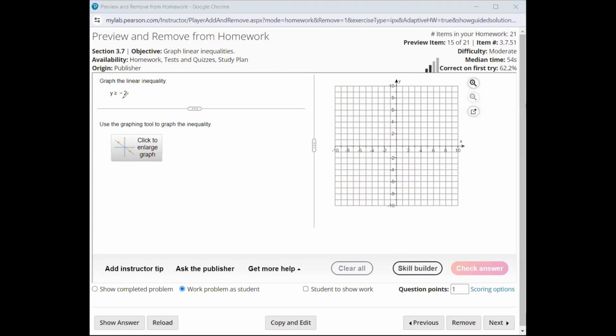We have y is greater than or equal to negative 2. We should draw the line y is equal to negative 2.